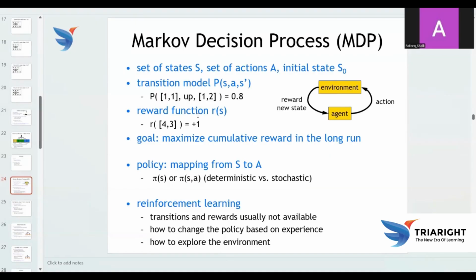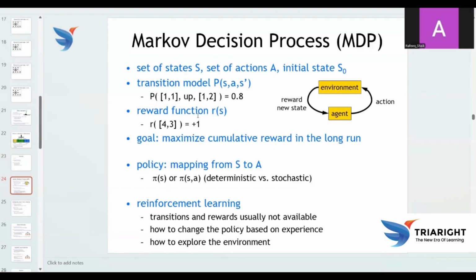The transition function we call P, the probability of moving from one state to another state given an action. The reward function R is the immediate reward received after the transition, like moving to another state. The discount factor gamma says how much future rewards are valued. This is the Markov property: the future state depends on the current state and action, not on past states.